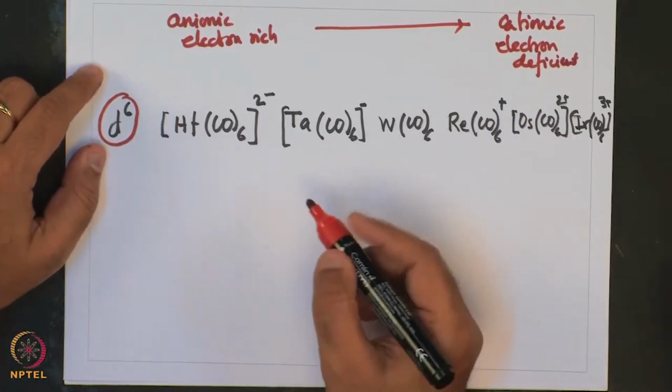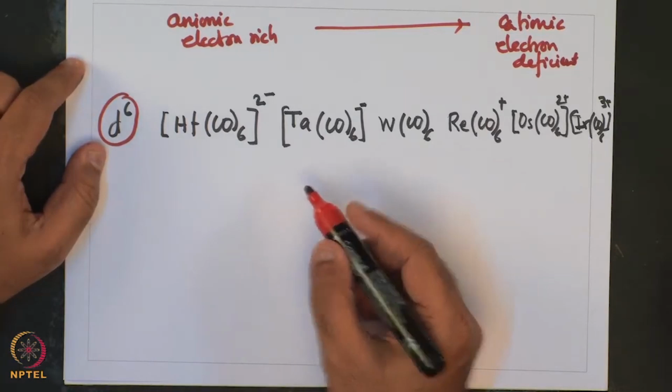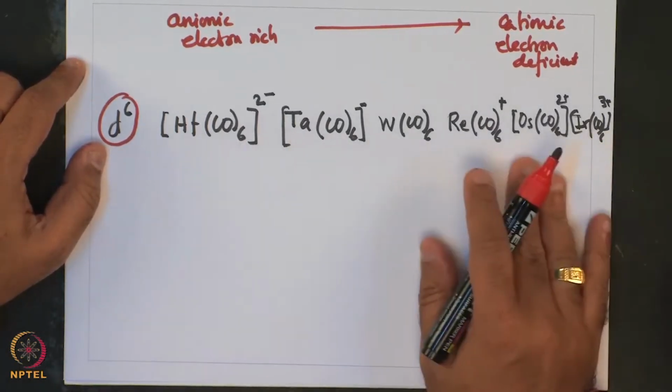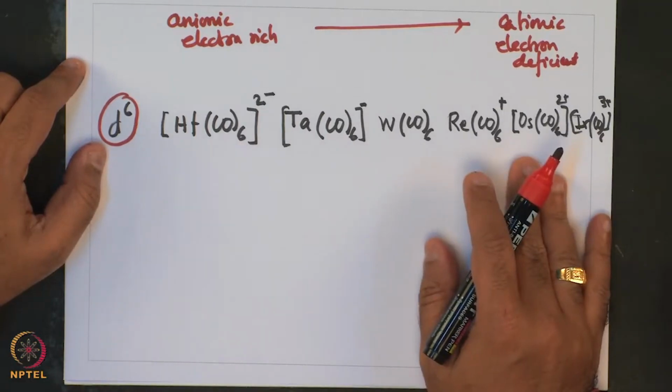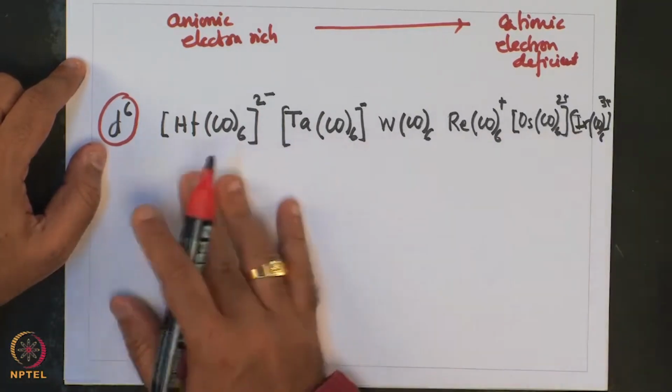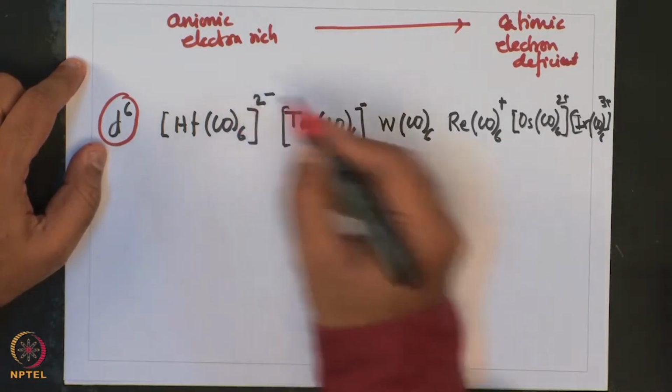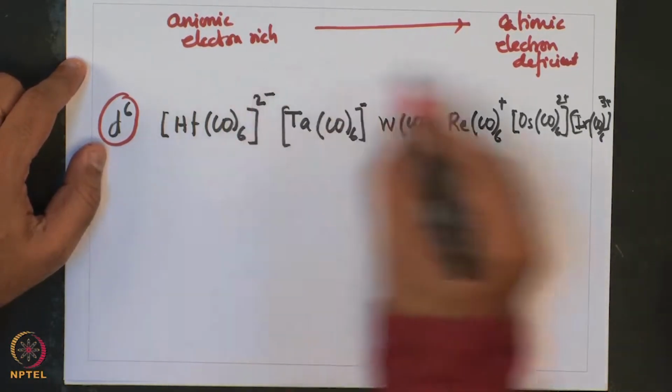As a result, the backward pi donation decreases, or the sigma interaction increases this way.